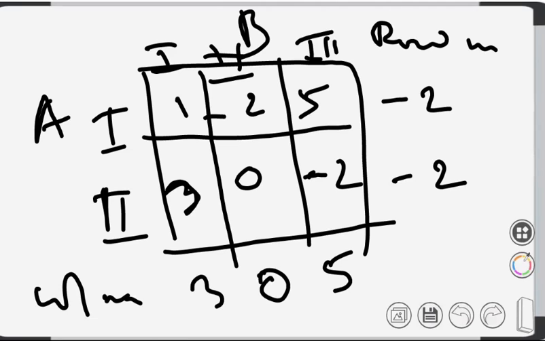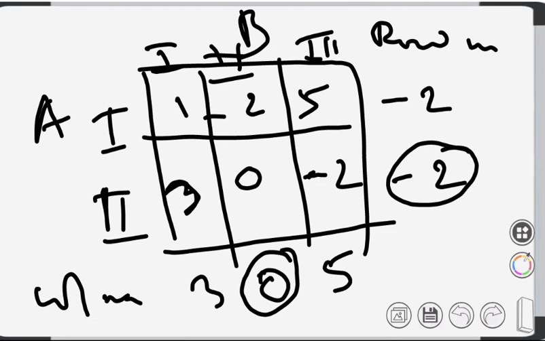So the max of row minima is minus 2 and the min of column maxima is 0. That means there exists no saddle point, because the max of row minima is not equal to the min of column maxima. So this game is played with a mixed strategy.